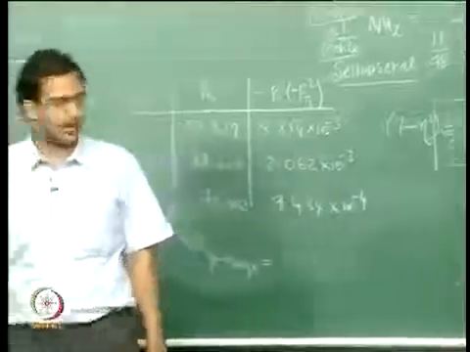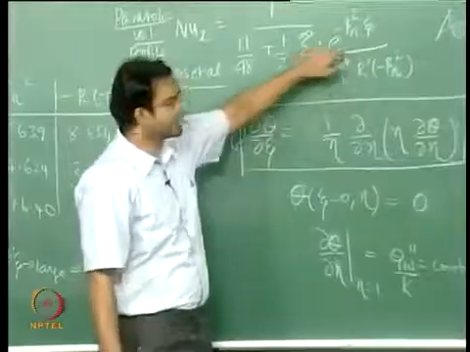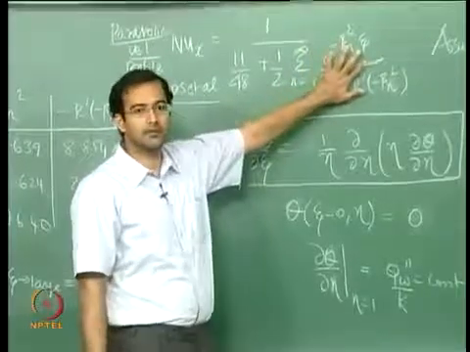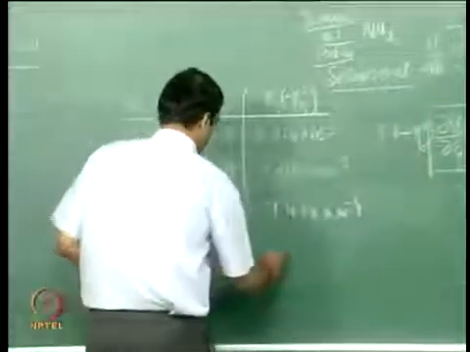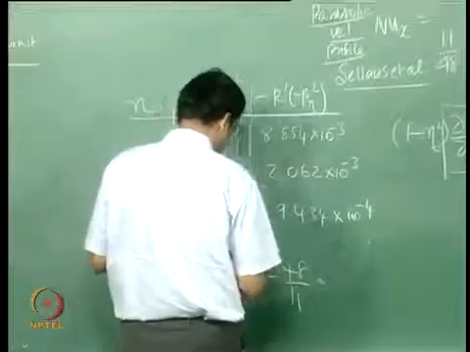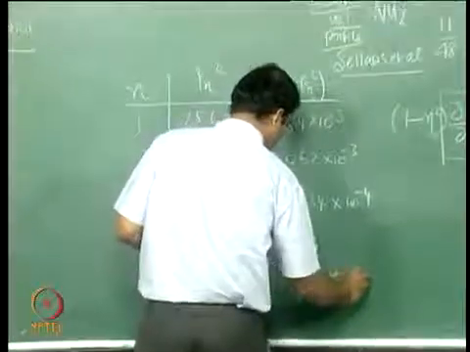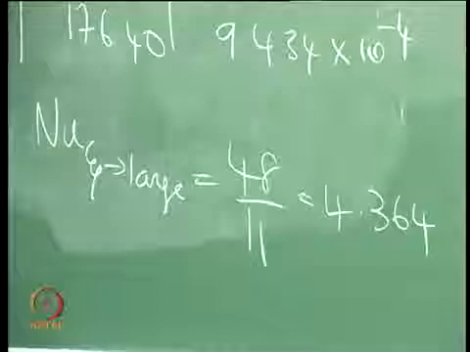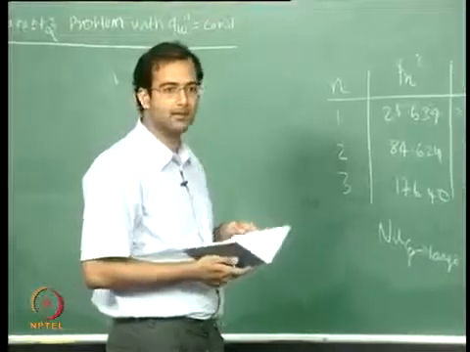If you assume large values of zeta, this is an exponentially decaying function that goes to 0, the entire term will be very small, and it will be simply 48/11, which is exactly 4.364. Just check that. That comes to 4.364. Anyone has a calculator?